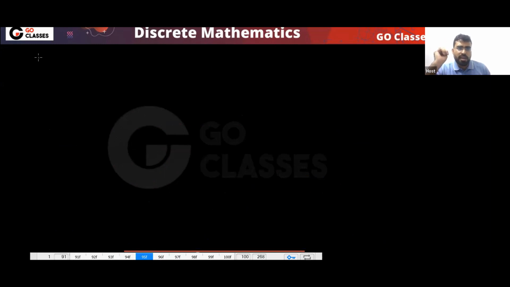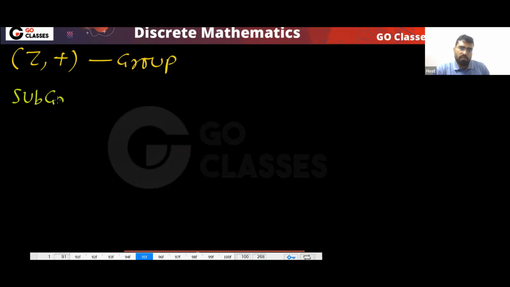Just think about it. Let me give you a group, Z comma plus. You know that this is a group. What is the subgroup generated by 2? First of all, what does that mean?